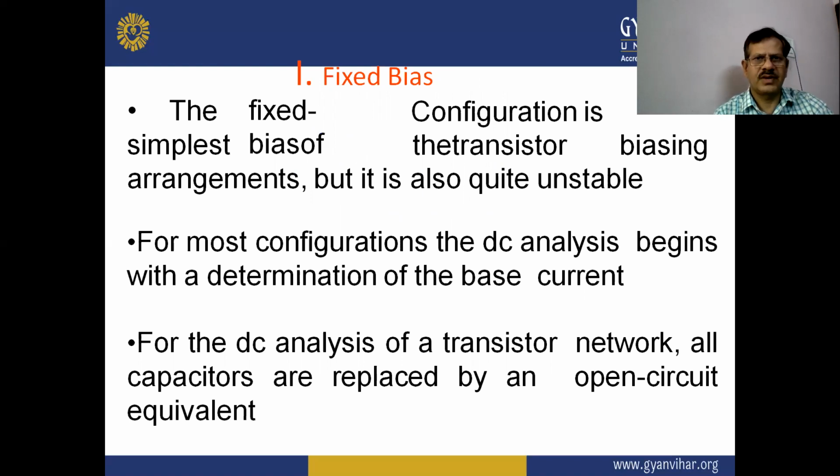So what is the fixed bias? The fixed configuration is the simplest transistor biasing arrangement, but it is also quite unstable. For most configurations, the DC analysis begins with a determination of the base current.